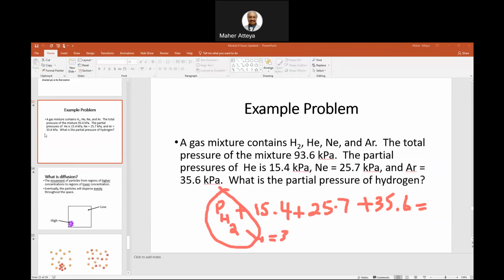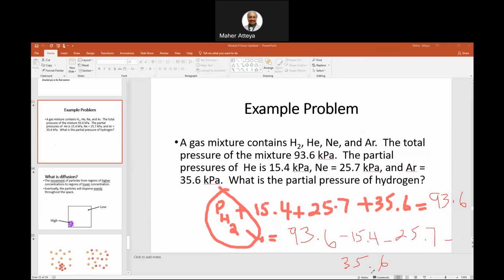So this one here is 93.6. To add all those up, 93.6 minus 15.4 minus 25.7 minus 35.6.